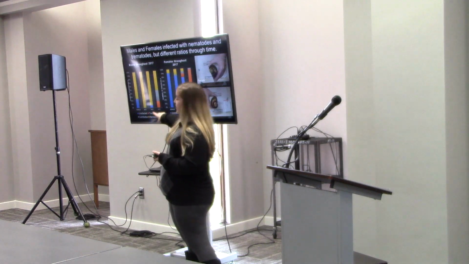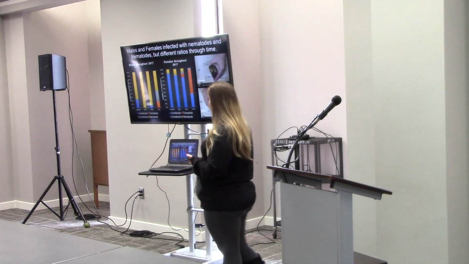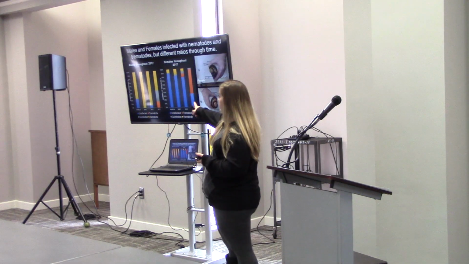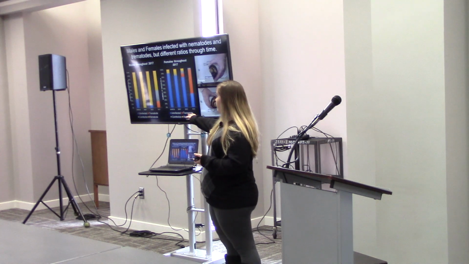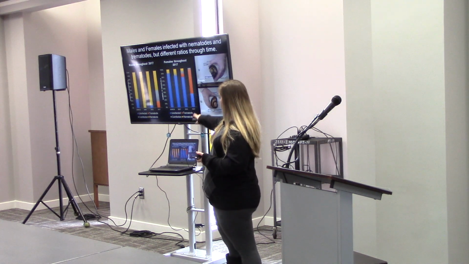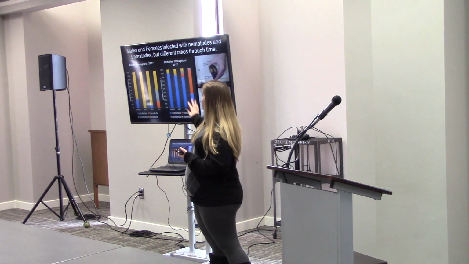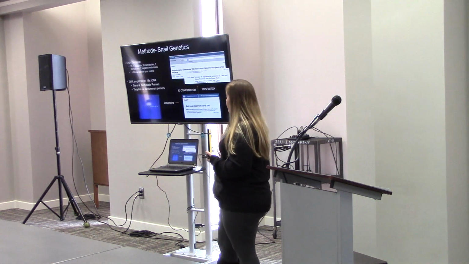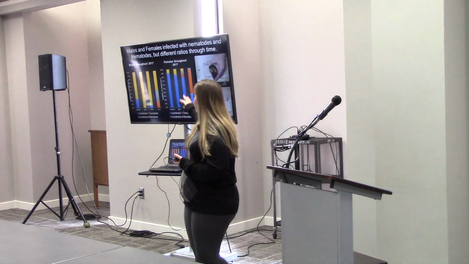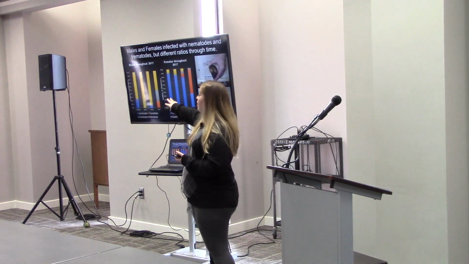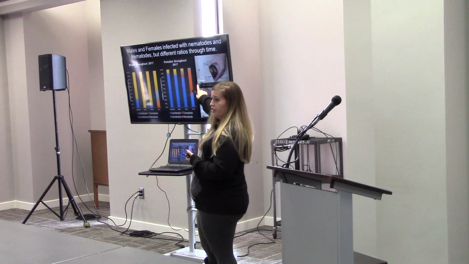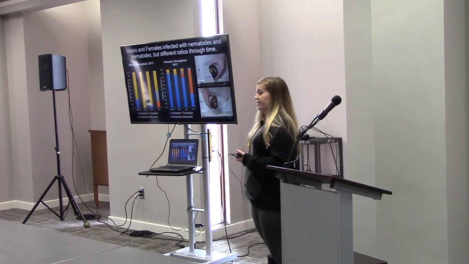Trematodes do appear late in the season. They also appear in females late in the season, but they do appear in females initially and then take over. And then just looking at females themselves, while they do remain largely uninfected, the nematode presence is very minimal compared to males. However, trematodes do take over at the end of the active season.